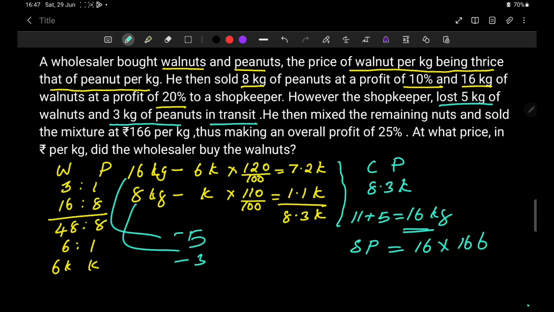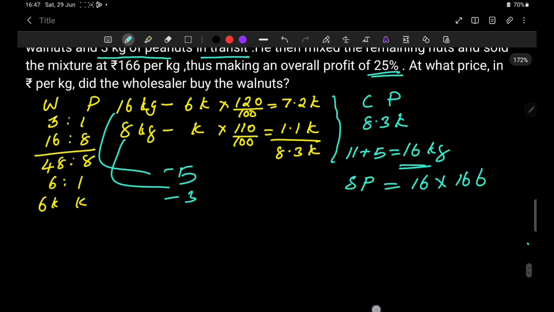But we know that the shopkeeper got 25% profit on his cost price. Therefore, 8.3k into 125 by 100 is equal to 16 into 166.